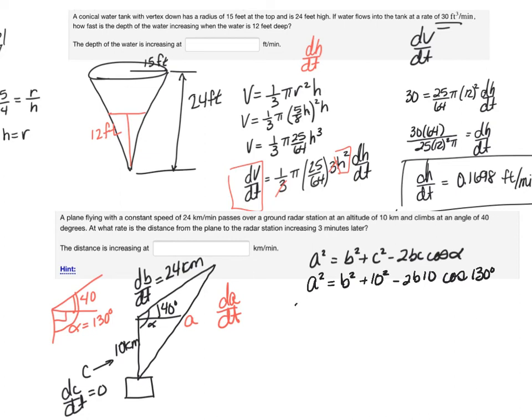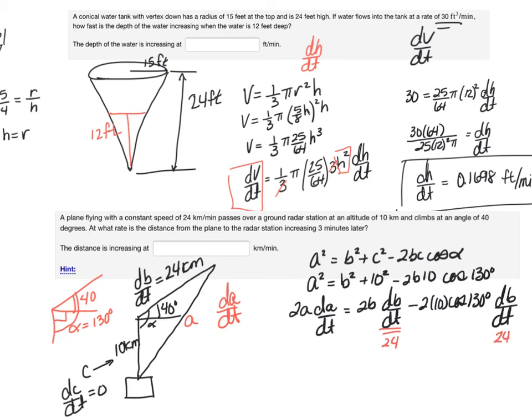If we take the derivative, we have 2a dA/dt is equal to 2b dB/dt minus 2 times 10 cosine 130 degrees dB/dt. So I have a replacement for dB/dt. We know that is 24 kilometers per minute.